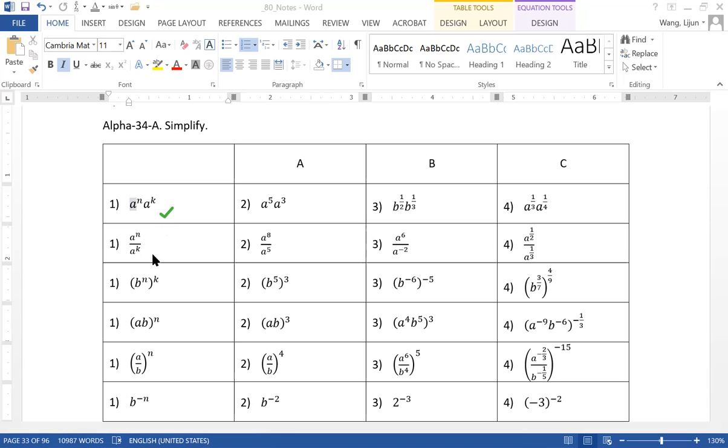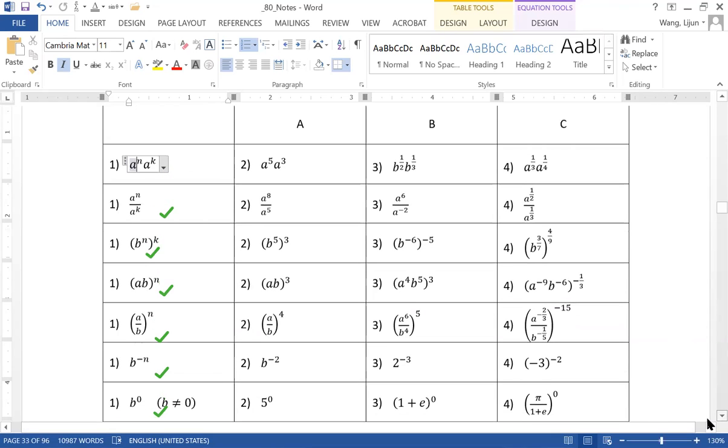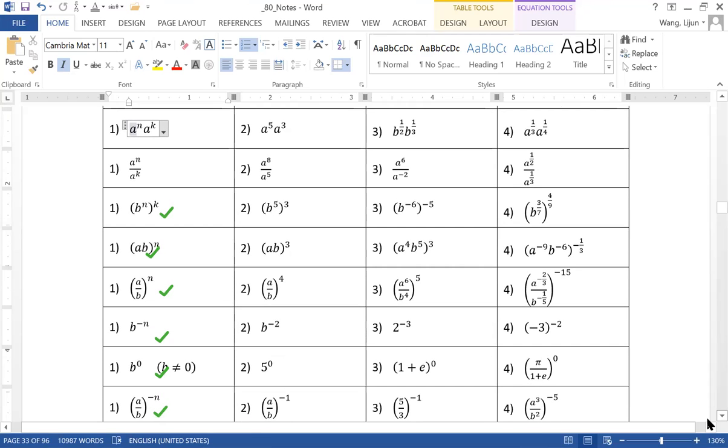Copy this, that, and give the formula. Write down this one, that one.